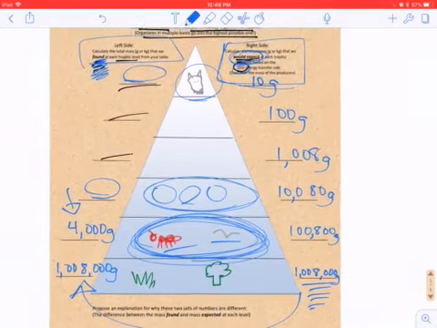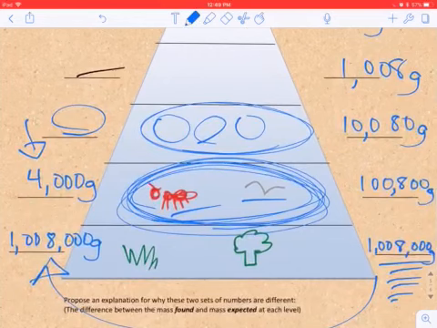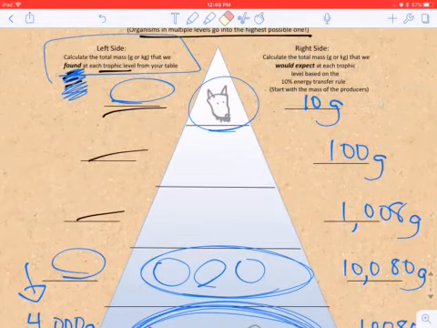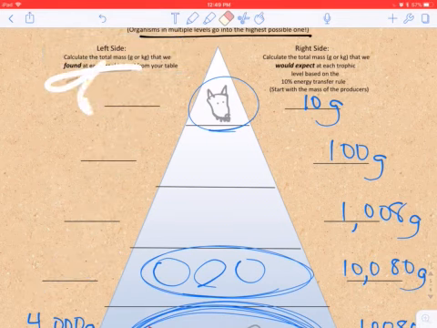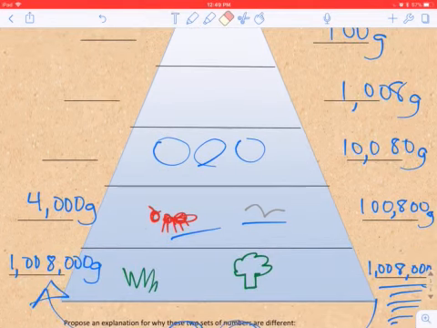Okay, last thing, this question down here. Propose an explanation for why these two sets of numbers are different. The difference between what we found and what we expected. Now, don't tell me that we used the 10% rule for this one over here, and then we calculated it over here. Yes, that's exactly what we did. But why were those numbers different?